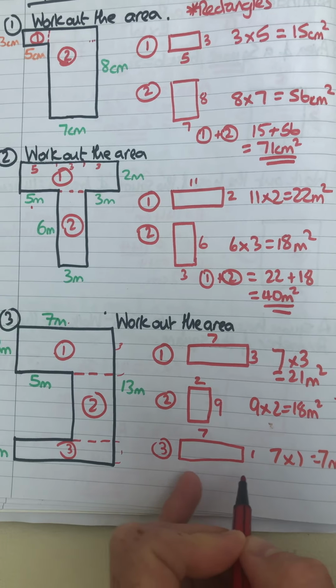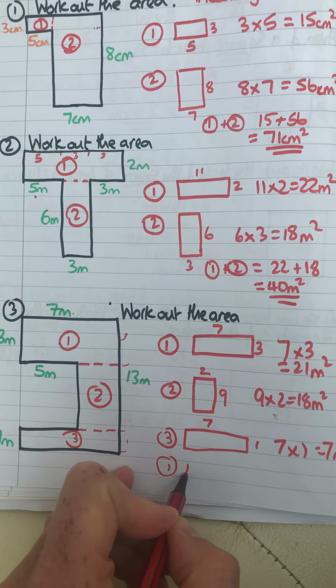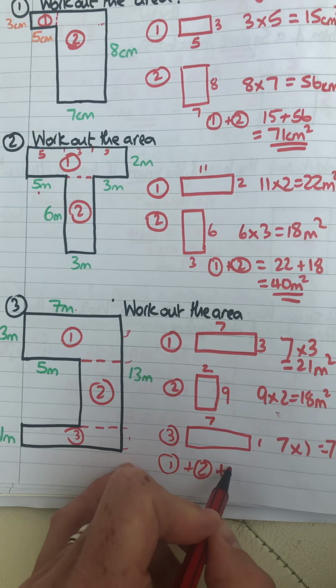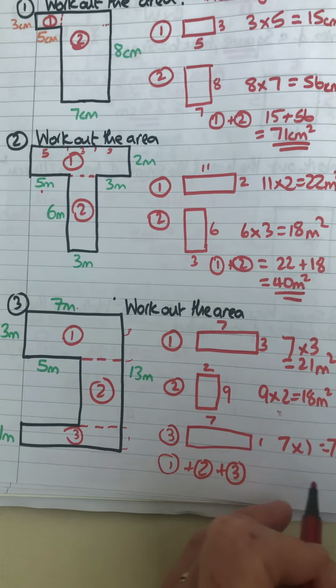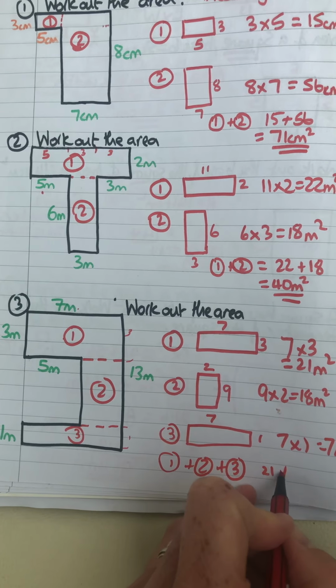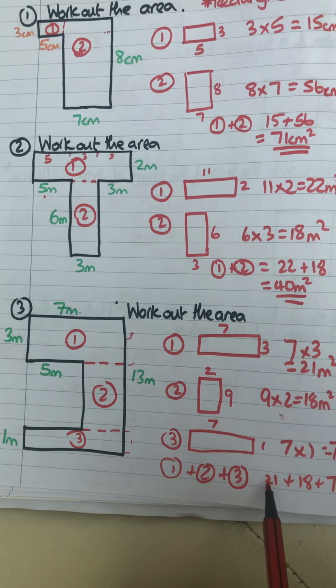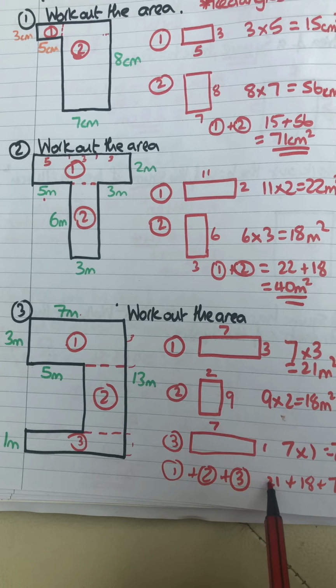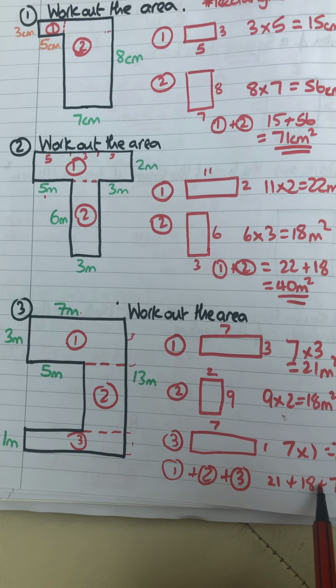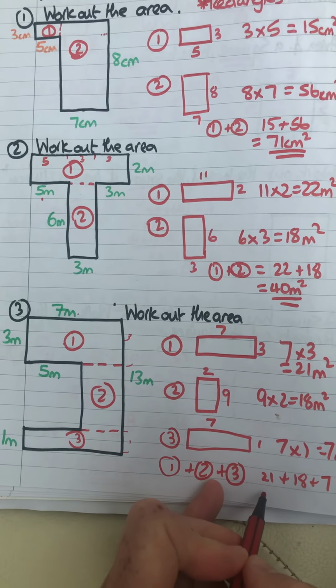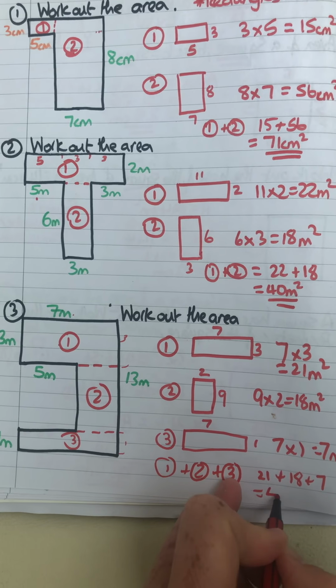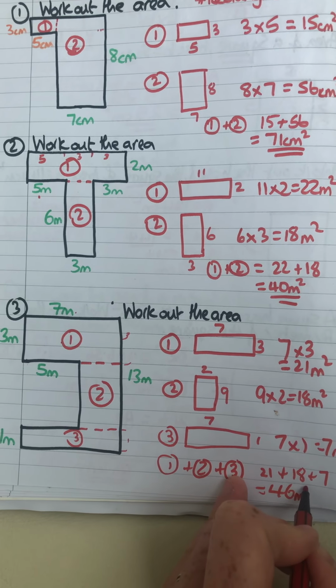And then this time I'm going to add 1 plus 2 plus 3, which is 21 plus 18 plus 7. So 21 plus 10 is 31, plus 8 is 39, 39 plus 7 is 46 metres squared.